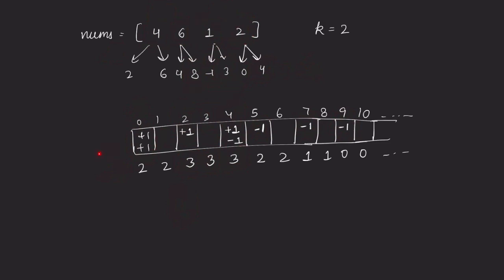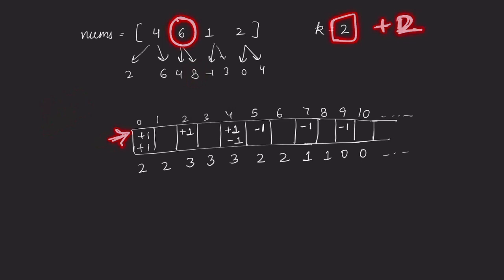So now what should be the size of this prefix sum array that we are taking? See, the maximum number in our nums array is 6, right? And this 6 can be changed to 8, right? Since for the greater element in our range, we are updating the element plus k plus 1th index, can I say that the size of this array should be the maximum element plus k plus 1, and also since our indexing is 0 based, it should be plus 2, right?